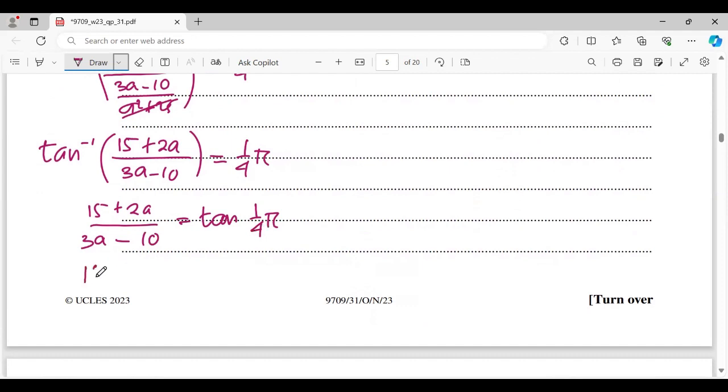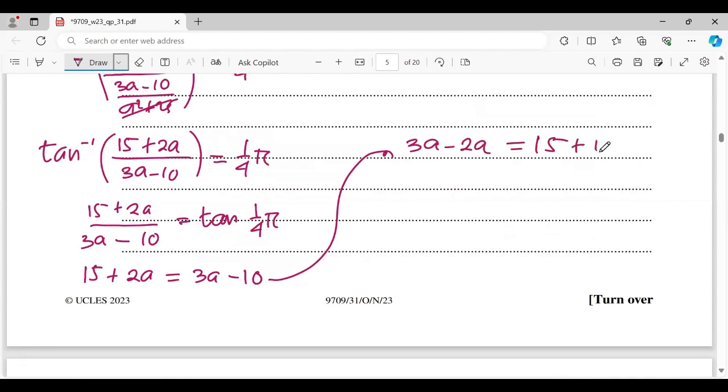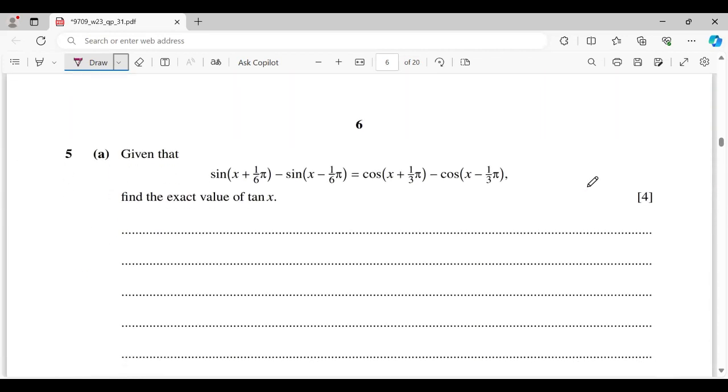So this equation becomes 15 plus 2a equals 1 times 3a minus 10. So 3a minus 2a equals 15 plus 10, or a equals 25. That's the solution.